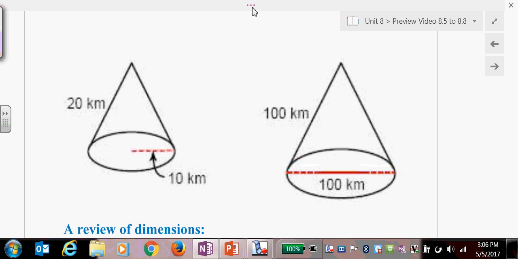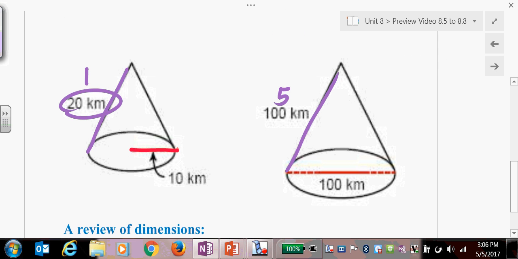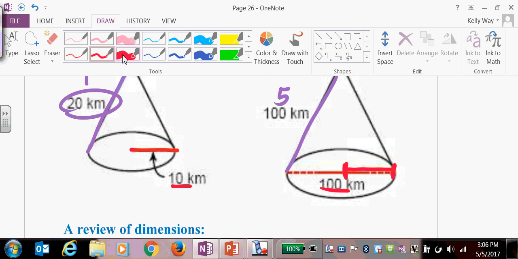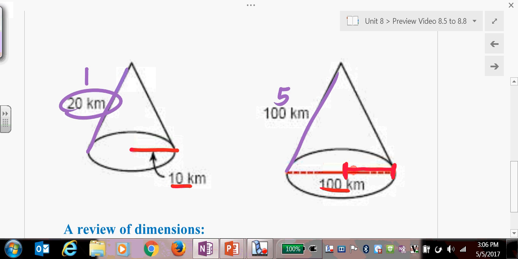Let's check these guys. There is a little bit of a trick here. Watch out. Let's go slant height to slant height. That is a 1 to 5 ratio. Slant heights to slant heights. Ready? Let's do radius to, careful there, radius. If you did 10 to 100, you were wrong, and the reason is 100 was a diameter.